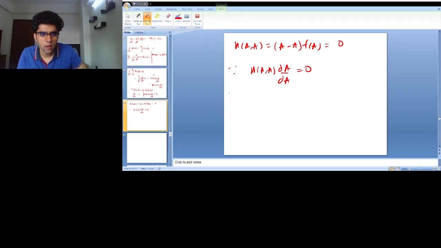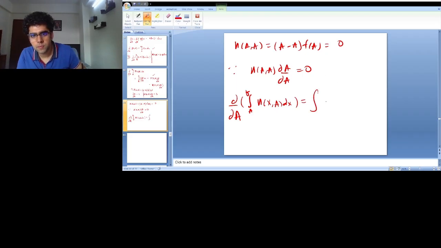So I'll be left with del by del a from capital A to small b of h(x, a) dx. This becomes del h by del a dx from capital A to b, and all of the other expressions were 0, plus 0 and 0.